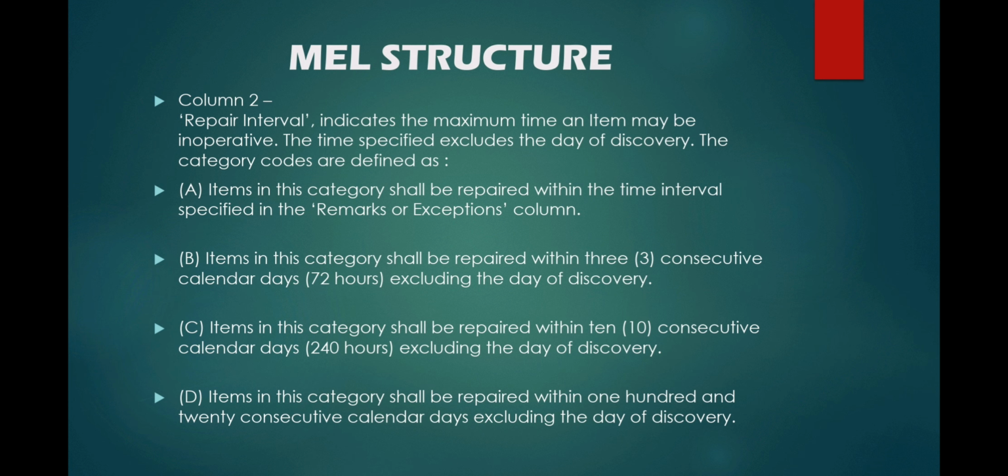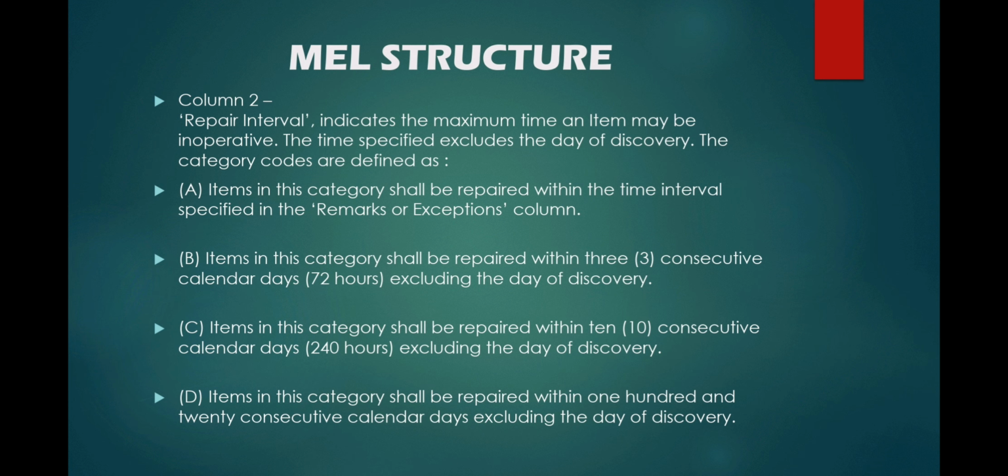That means the aircraft can come to the base for repair, or it cannot move from any airfield. It should be written in the remarks column. You can see and you will find out what other action you will have to take.